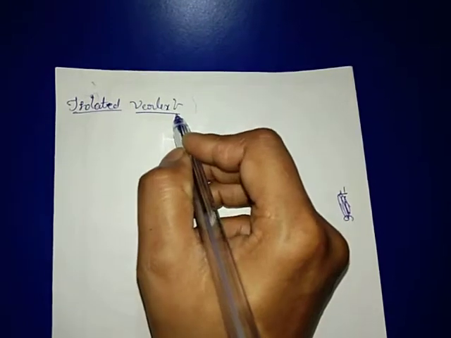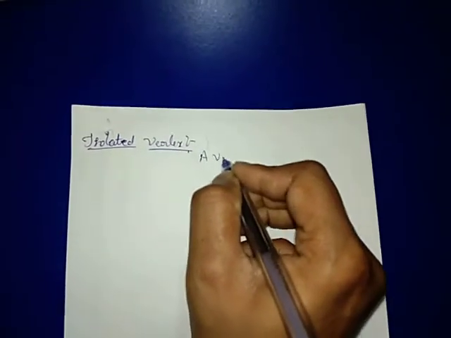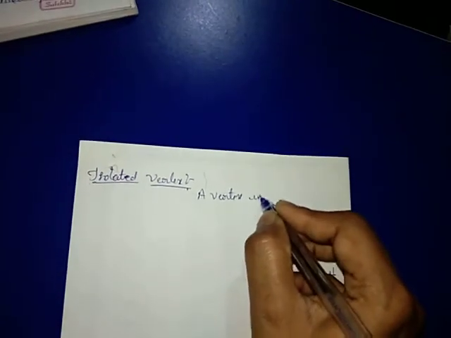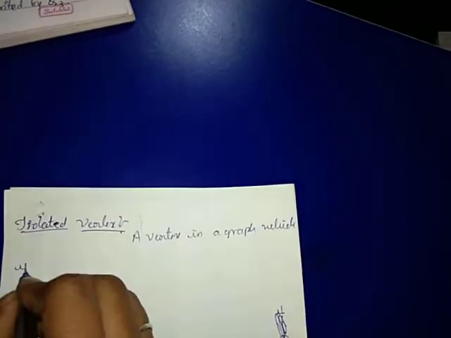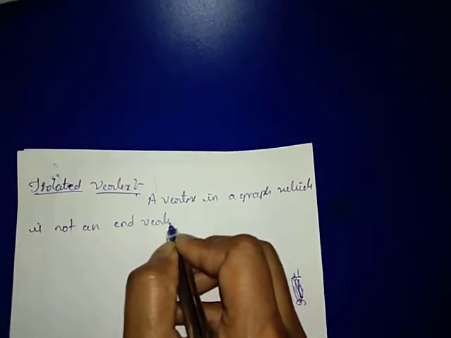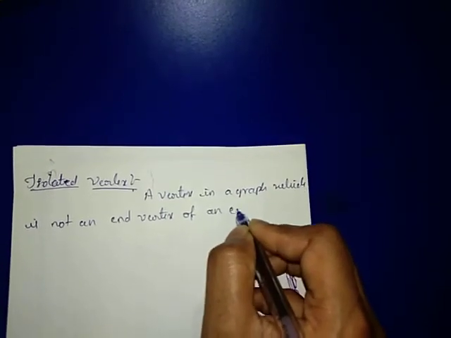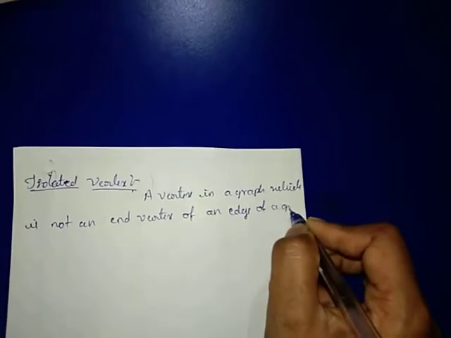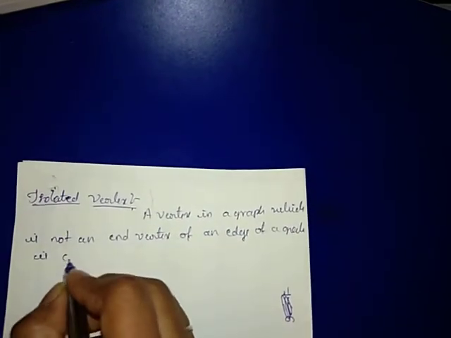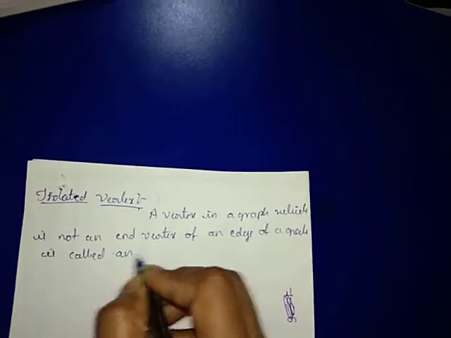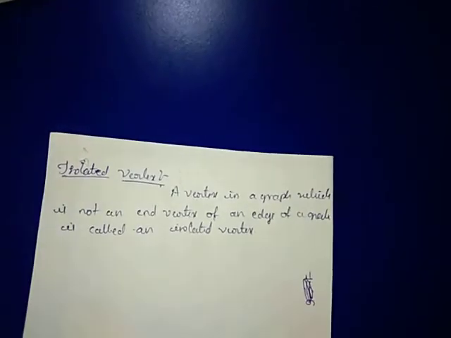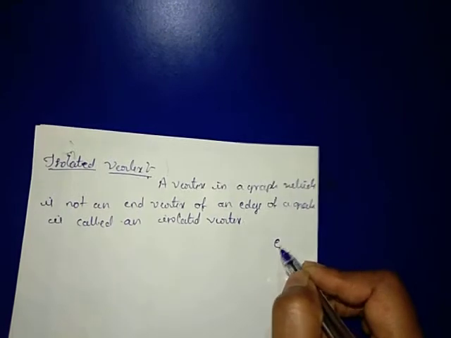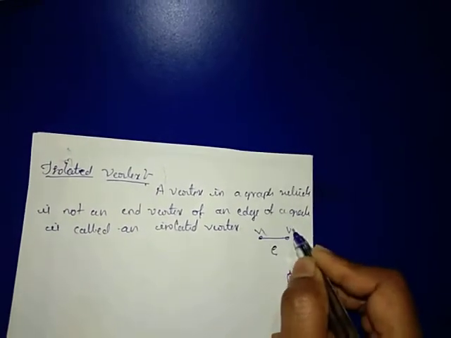So the next one is the isolated vertex. An isolated vertex means a vertex in a graph which is not an end vertex of any edge of a graph G. Suppose E is your edge and it joins the vertices V1 and V2.